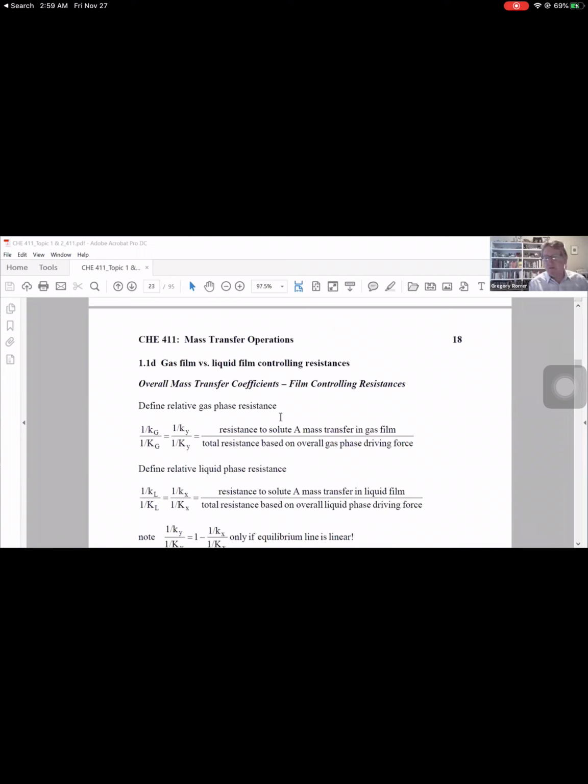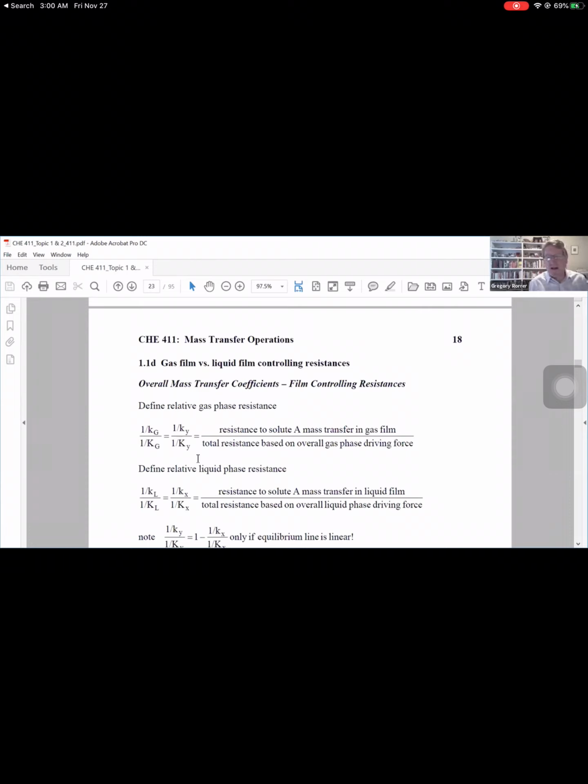You can think of the relative resistance as the reciprocal of the film and the overall driving forces. Because what will happen is that the small gas film coefficient will always be larger than the overall coefficient.